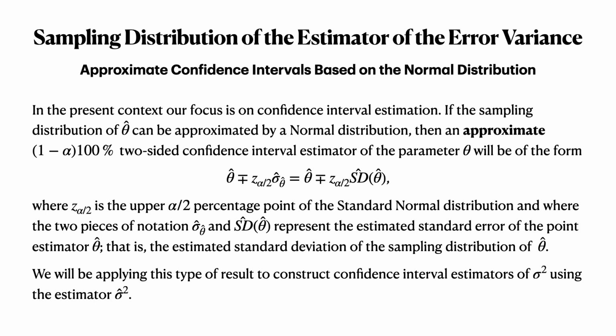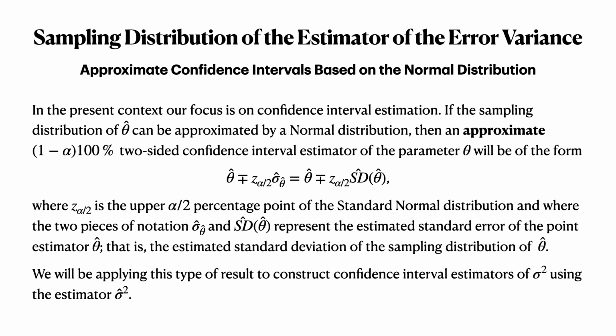And so the interval would be theta hat minus plus z sub alpha over 2 times sigma hat sub theta hat, where z sub alpha over 2, you'll recall, is the upper alpha over 2 percentage point of the standard normal distribution, and where the two pieces of notation sigma hat sub theta hat and then SD hat of theta hat represent the estimated standard error of the point estimator theta hat.